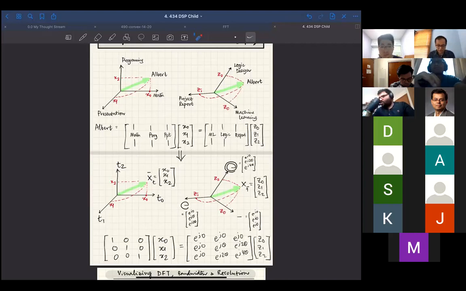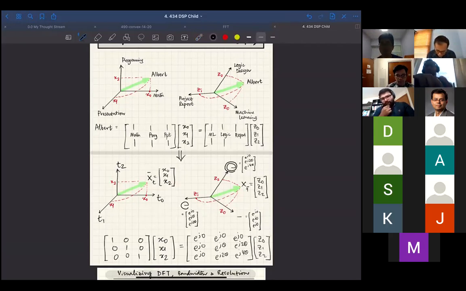Okay. But we said there is another basis which Fourier gave us, and that basis is essentially this. Yeah, that basis is essentially F0, F1, F2.